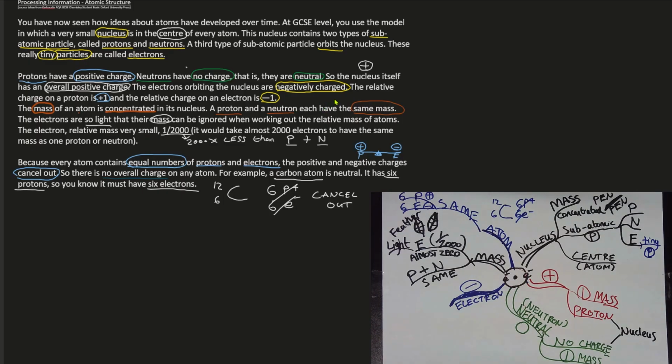If it doesn't, we've written it down in our picture, and we can also represent it as well, which is that they are found in shells or energy levels. So you can see that I've added extra information to my mind maps because these things are editable. You can add to them later on as well. And there you have it, guys, my mind map.